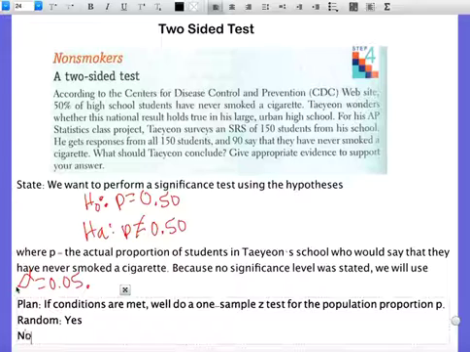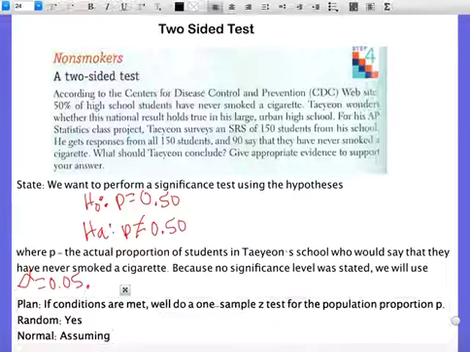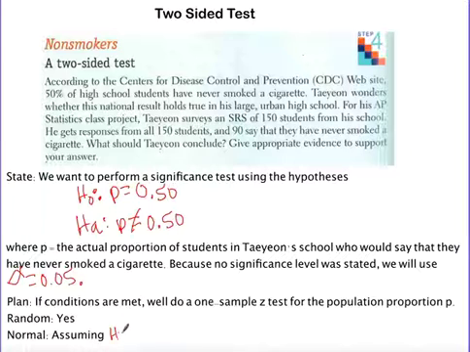All right, so next we will check and see if it's normal. So for it to be normal, we have to have our successes, quote unquote, and our failures, quote unquote, both greater than 10. So we're going to assume that the null hypothesis is p equals 0.50. And we're going to assume that it's true.